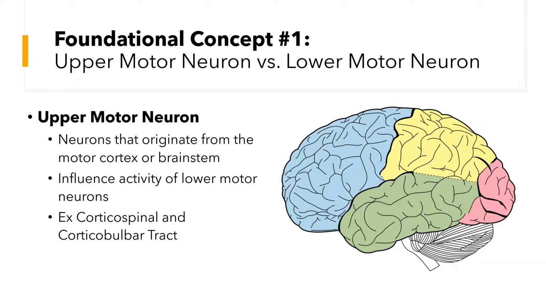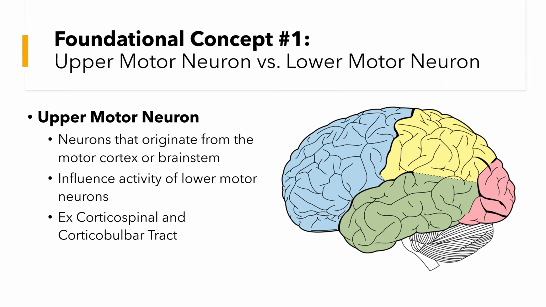So foundational concept number one, we're going to be talking about the differences between upper motor neurons and lower motor neurons. Upper motor neurons are neurons that originate from the motor cortex or brainstem, and they influence in general the activities of lower motor neurons.